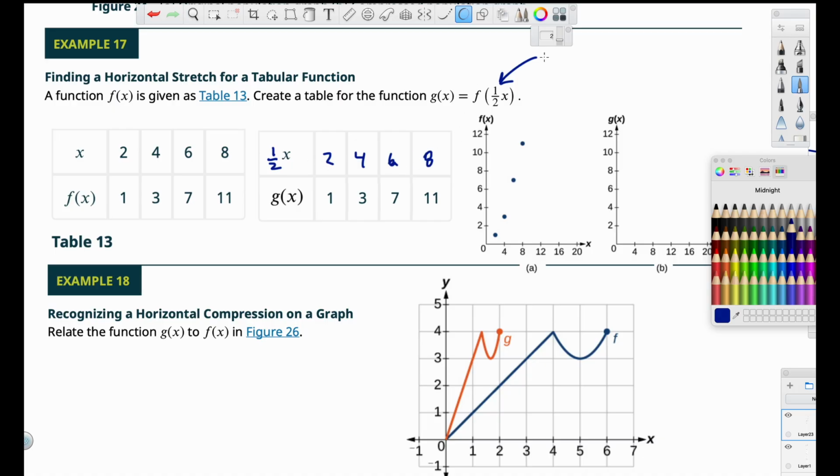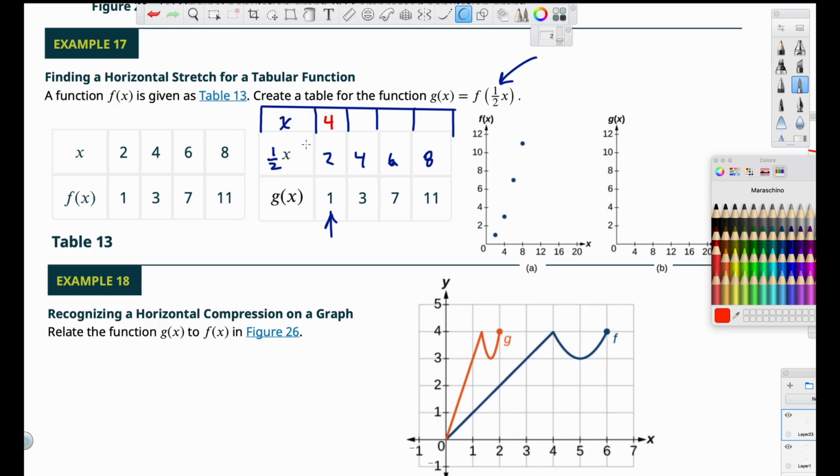I'm going to put a value in, and I'm going to still get the same output. So I'm going to extend this over here, just adding an extra table row, and this is going to be x. So what are we going to put in for x so that this input times 1/2 is going to give me 2? Doesn't this need to be 4?